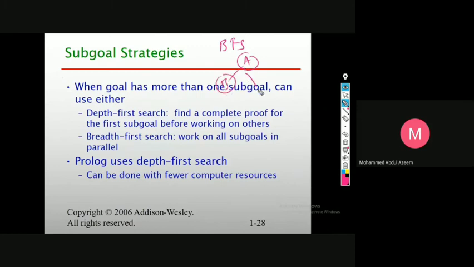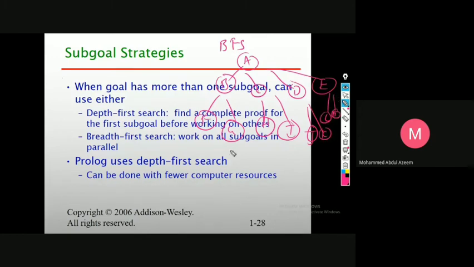You have child nodes like B, C, D, E. Then you have, let us say, F, G. Here you have, let us say, H, I, J, K, L, and M.